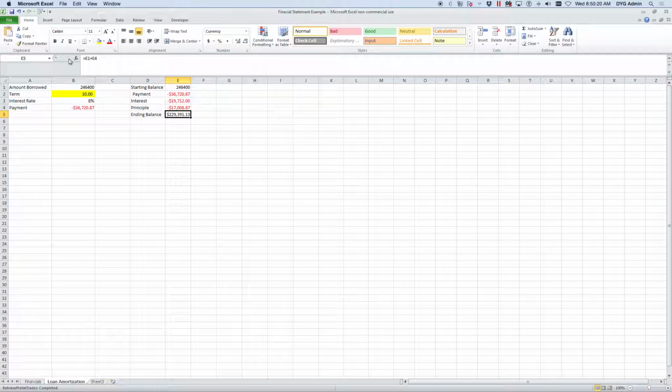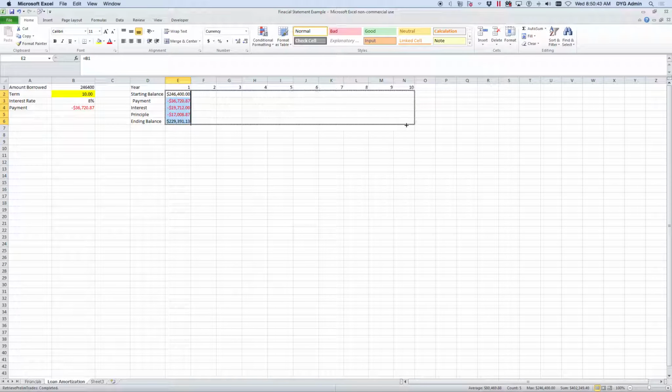All right, I'm going to format these so that they're the same. And probably a good idea to put the year. So that's in year 1. 2, 3, 4, 5, 6, 7, 8, 9, 10. Oh, not 120. So if we did this properly, we ought to be able to drag this whole formula over.